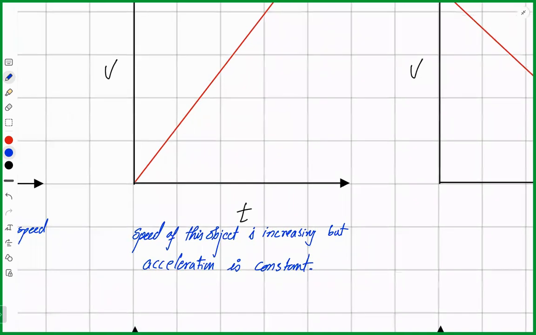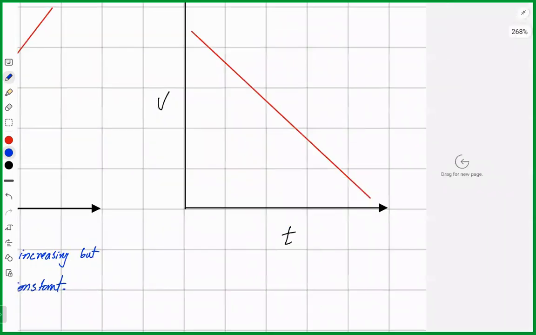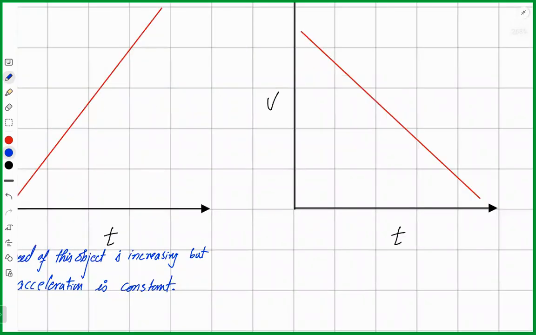Now, what about this one? I hope you all can clearly see that there is a case of decrease in speed. So if there is a decrease in speed, it means we are dealing with negative acceleration or deceleration.